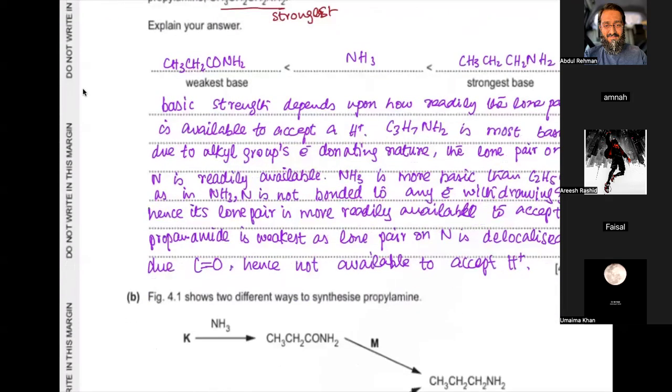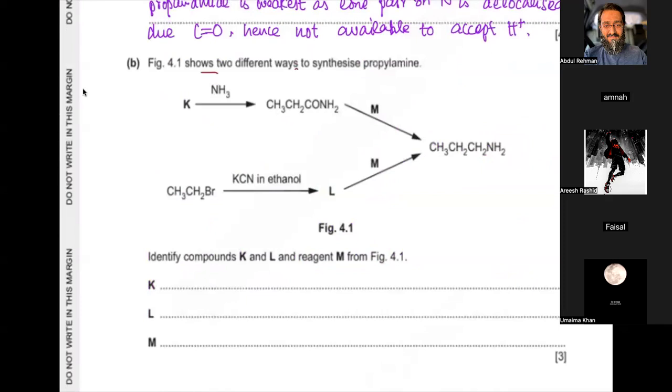Okay, now figure 4.1 shows two different ways to synthesize propylamine. In the first case, reacting with ammonia and giving you an amide, and that amide is turning into propylamine. Over here, an alkyl halide is reacting with KCN to give you a compound L, and that is again turning into M. Yes, Shazil, very good.